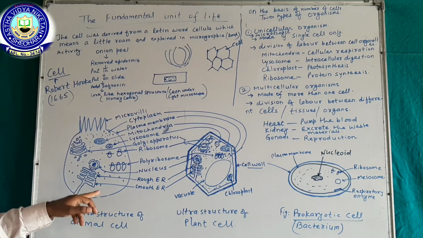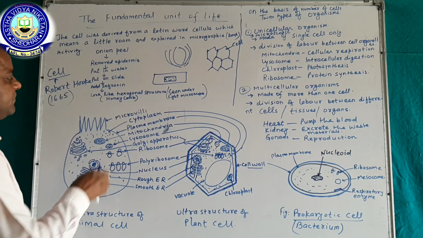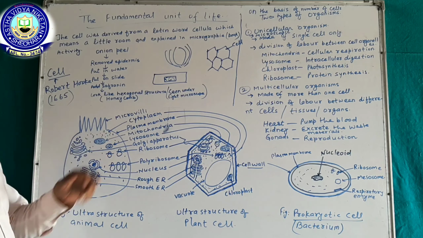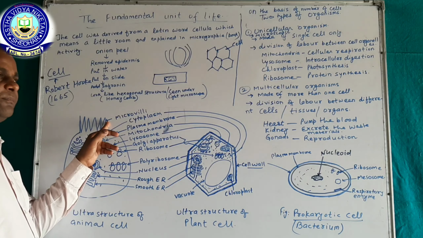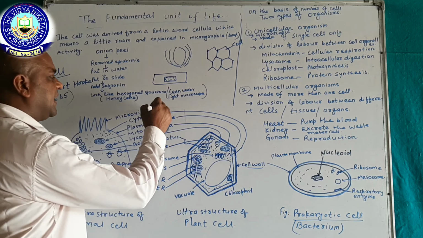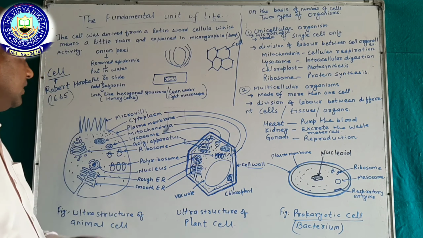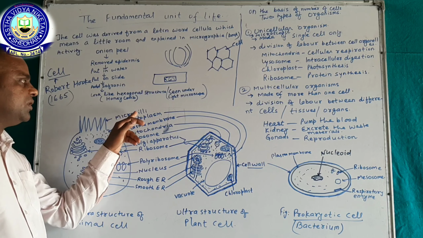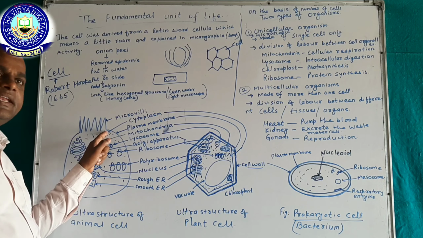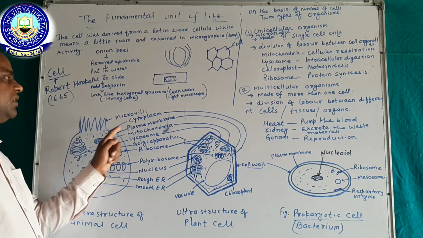So first, the animal cell. In the structure of the animal cell, first of all we see microvilli. Microvilli are foldings of the plasma membrane. A finger-like outward projection of the plasma membrane is known as microvilli. There is a jelly-like substance inside the plasma membrane that is called cytoplasm.